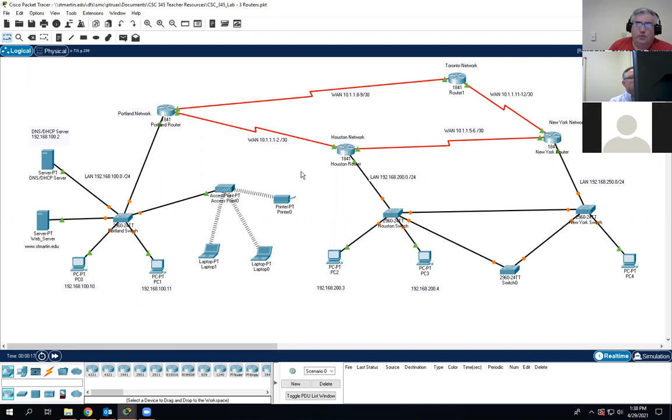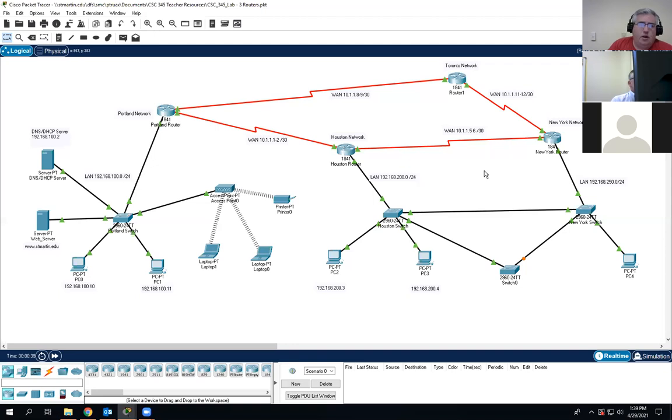Basically there are 4 different ones that you can do with Packet Tracer. One of them is RIP, the routing protocol, which has the ability to do 15 hops, so it's a basic routing protocol. It's not really designed for massive networks with a 15 hop limitation.